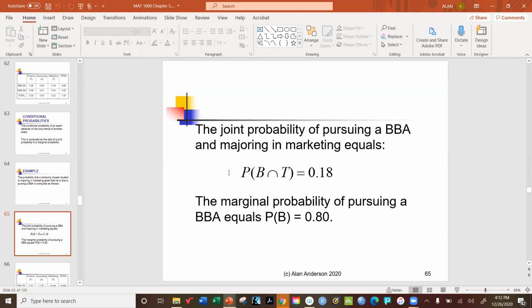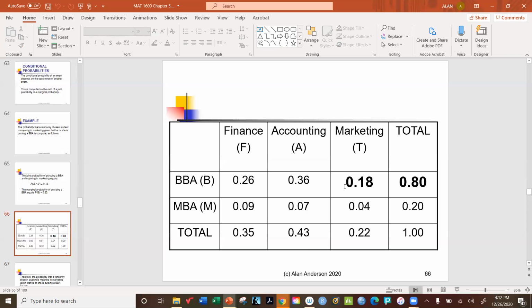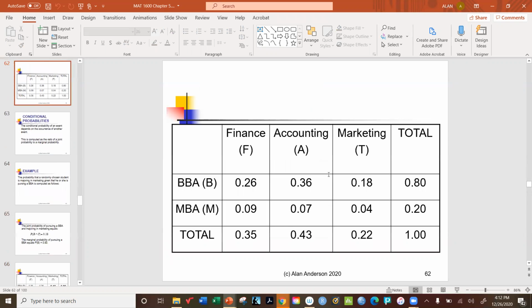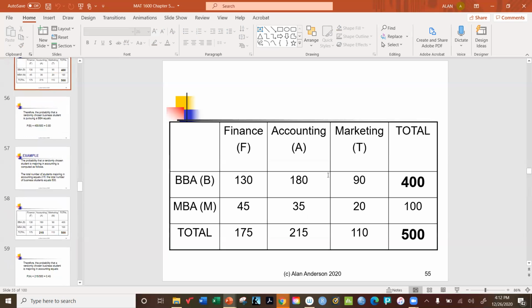So what that means then is that we can do two things. First, the probability of getting a bachelor's degree in marketing is written as B and T. Remember, T is being used to represent marketing. From the chart, that represents 0.18. Okay, here we have the actual probabilities. In the previous charts, we had the raw numbers. So let's go back and look at that one.